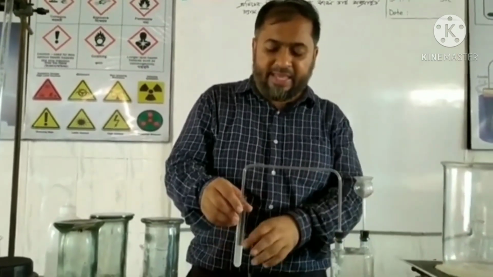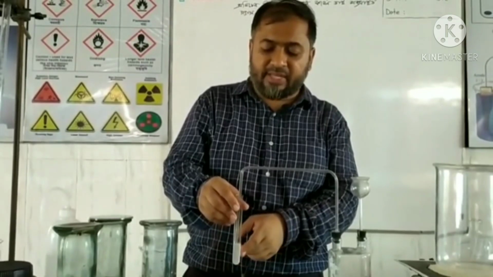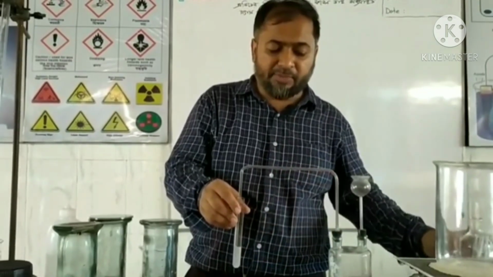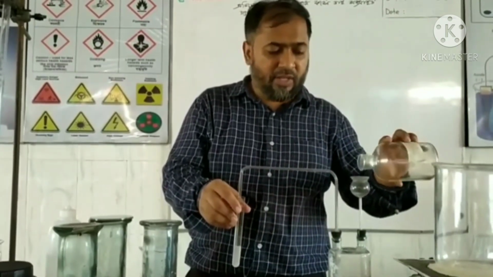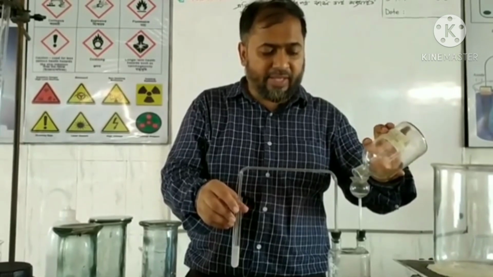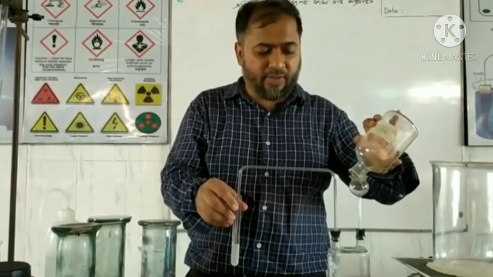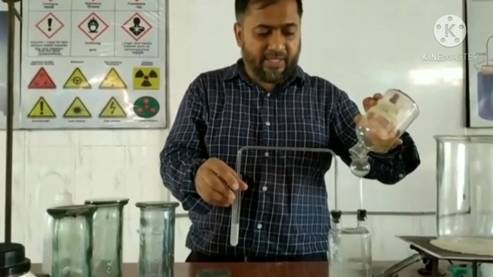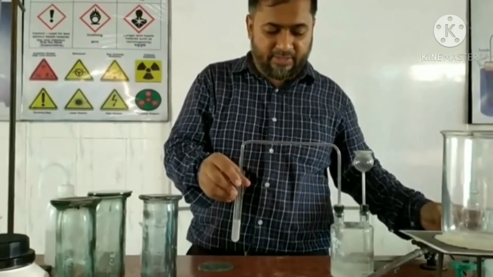If we add extra carbon dioxide gas to this turbid solution, it will turn into a transparent solution. Now we are going to add some hydrochloric acid to produce extra carbon dioxide gas, and you can see this carbon dioxide gas.